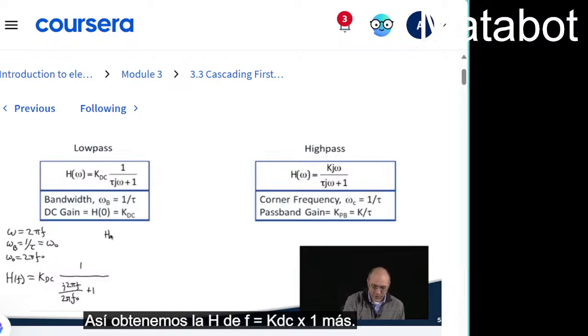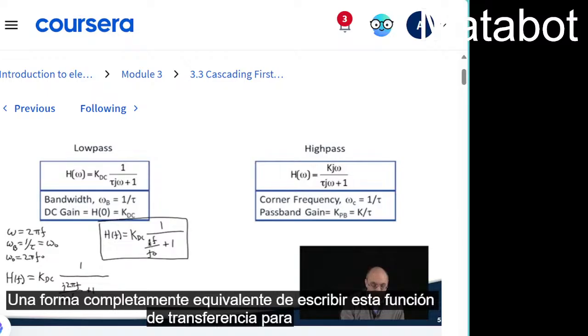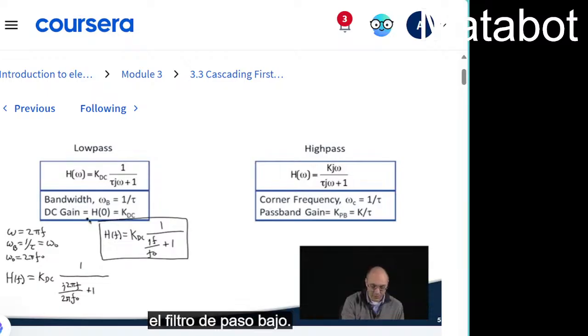So we get that H of f is equal to K DC times 1 over j f over f naught plus 1. A completely equivalent way of writing this transfer function for the low-pass filter.